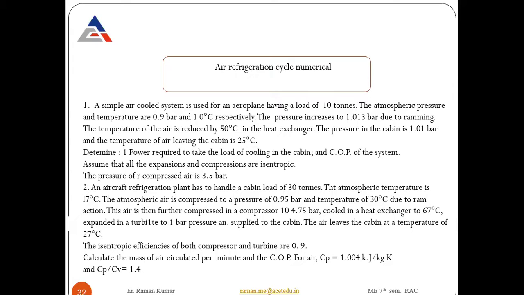So you have to calculate the value of COP. Value of Cp and Cp upon Cv is already given. So please calculate. Hurry up, everybody calculate the values.